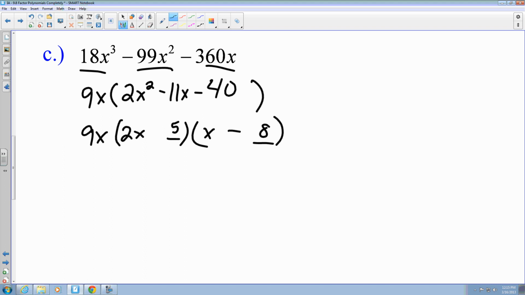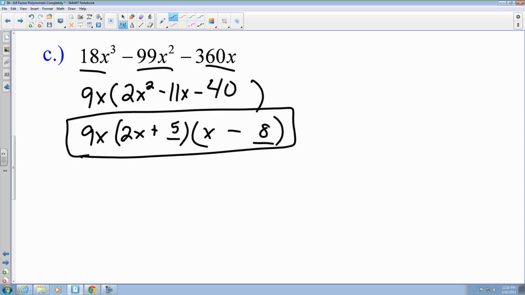And I need the negative value here and then the plus value here, because it's the negative 11 when it's all said and done. And can I factor that out anymore? No, I cannot. So this is factored out completely.